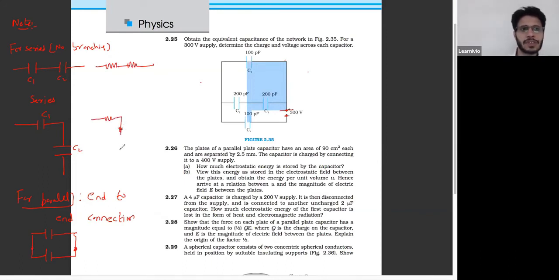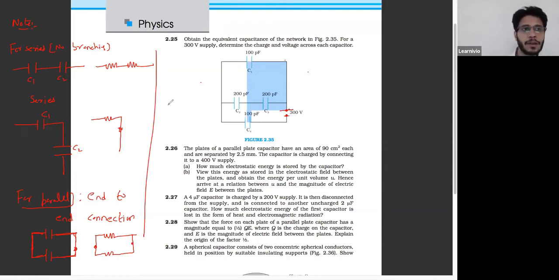For parallel, there should be end-to-end connection. One plate of one capacitor should be connected to another. Resistors should be connected end-to-end. One end of a resistor is connected to the second end. These two are in parallel.